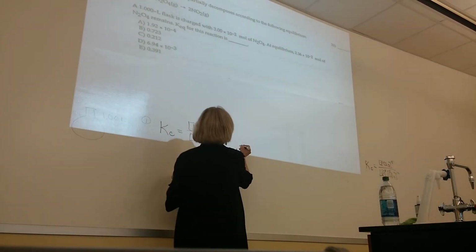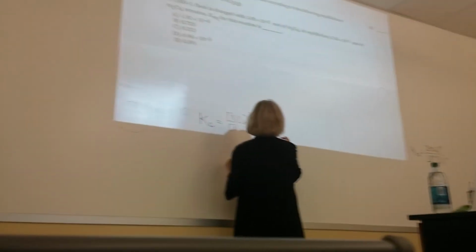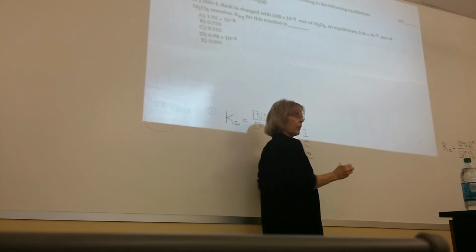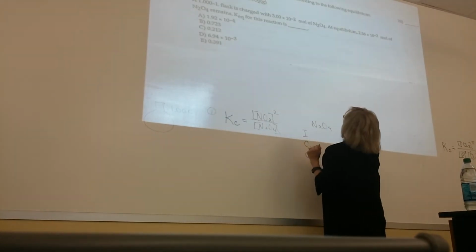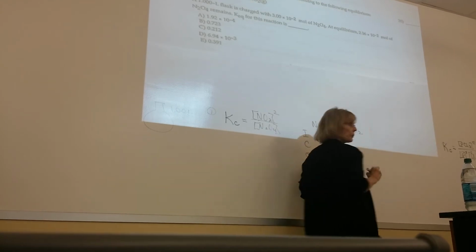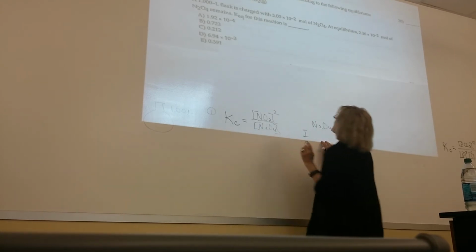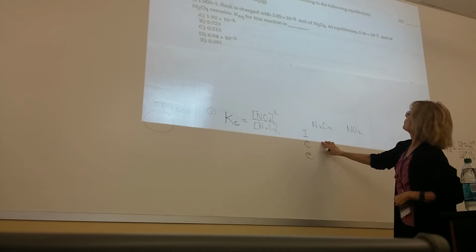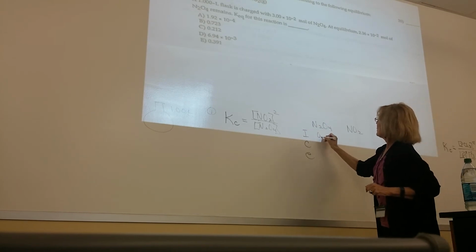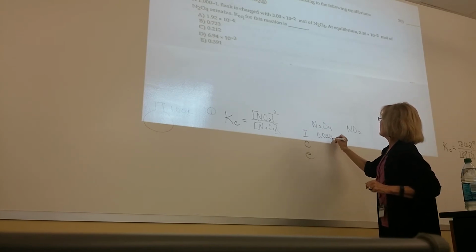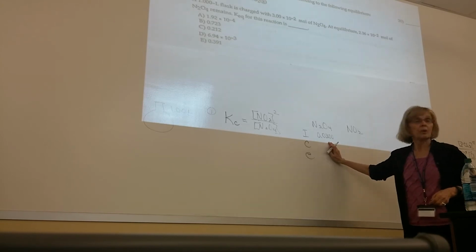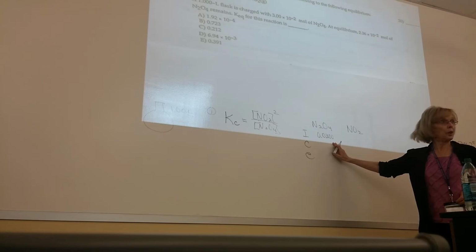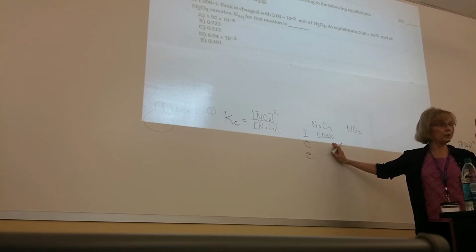Then, ice table. So we have N2O4, and we have NO2. What are they telling us here? Let me move into regular notation. Initially we have 0.0300 moles per liter because it's a 1 liter flask.